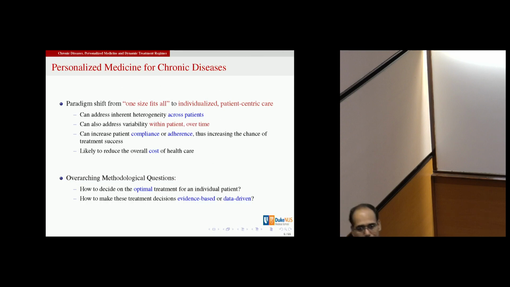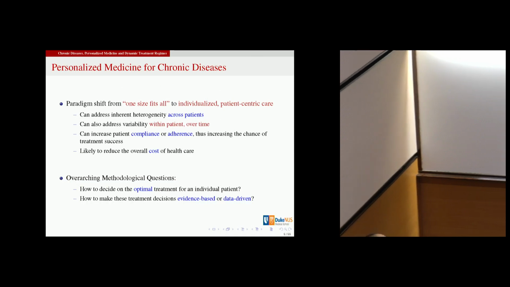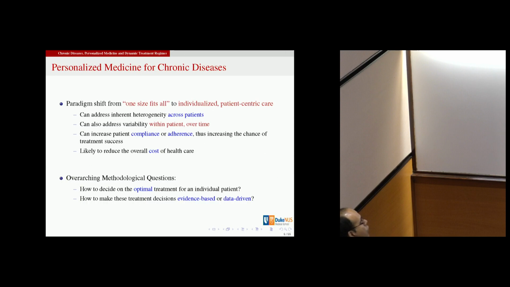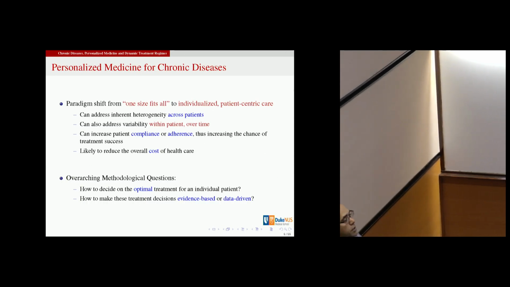Everyone is different, everyone needs a different kind of treatment. Then it can also address variability within a patient over time. That's why we are focusing on this dynamic nature. It's not just one time point. It's not like you get one pill and you are cured. You have to continuously manage your condition. That's the kind of setting we are in.